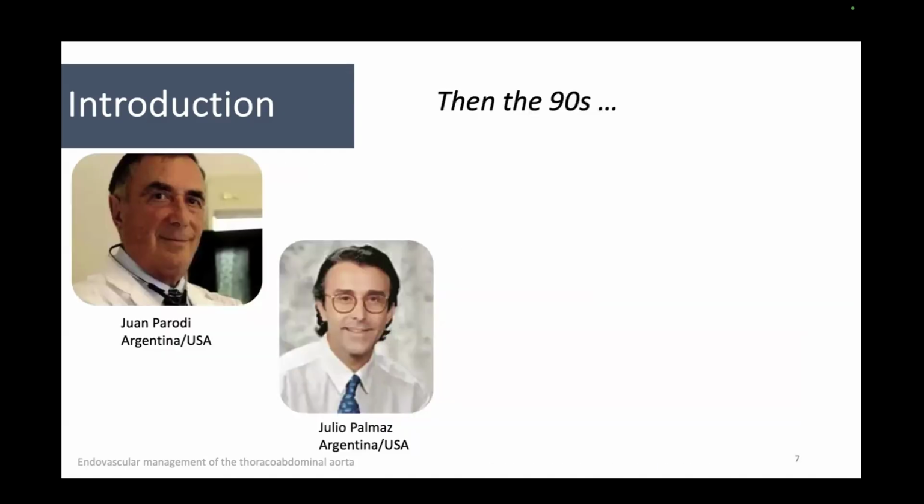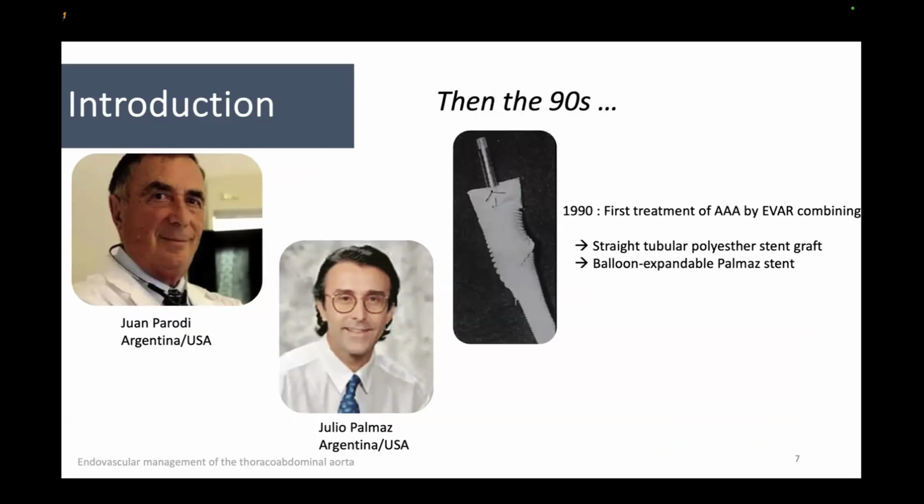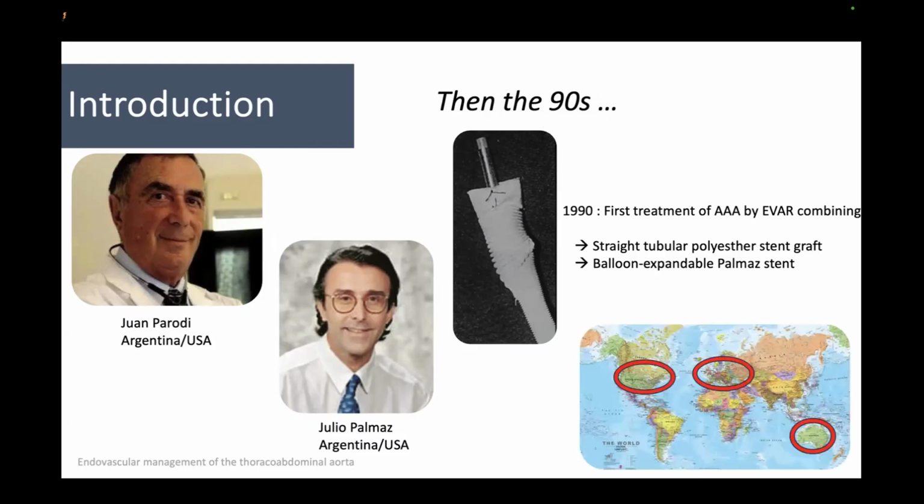In the 90s, Juan Parodi, in Argentina at that time, moved to the US and combined his expertise with Julio Palma's expertise to build the first aortounilIac graft and treated the first patients in the 90s with tubular polyester grafts combined with the Palma stent in the proximal part of it to seal and the distal part too. Then it boomed everywhere in the US, in Europe and in Australia.